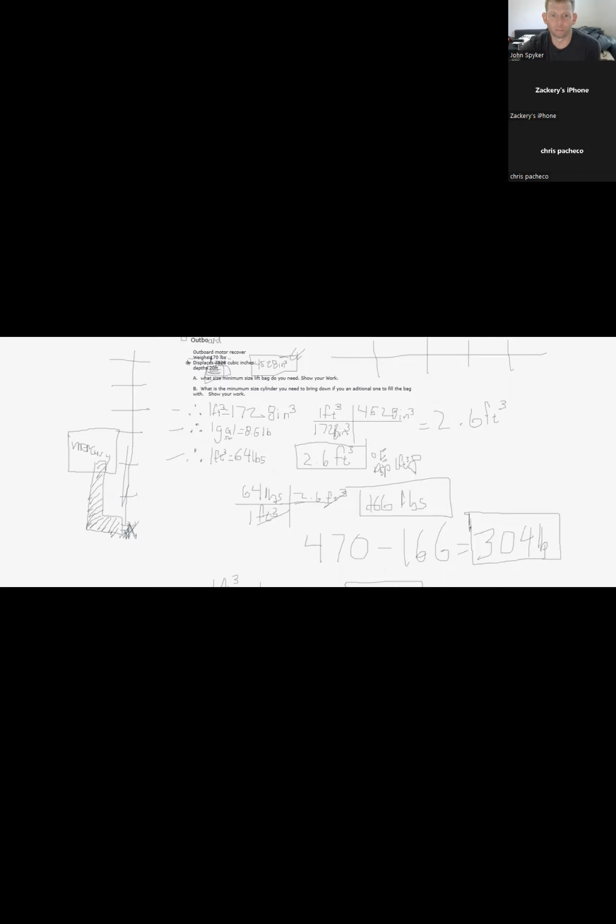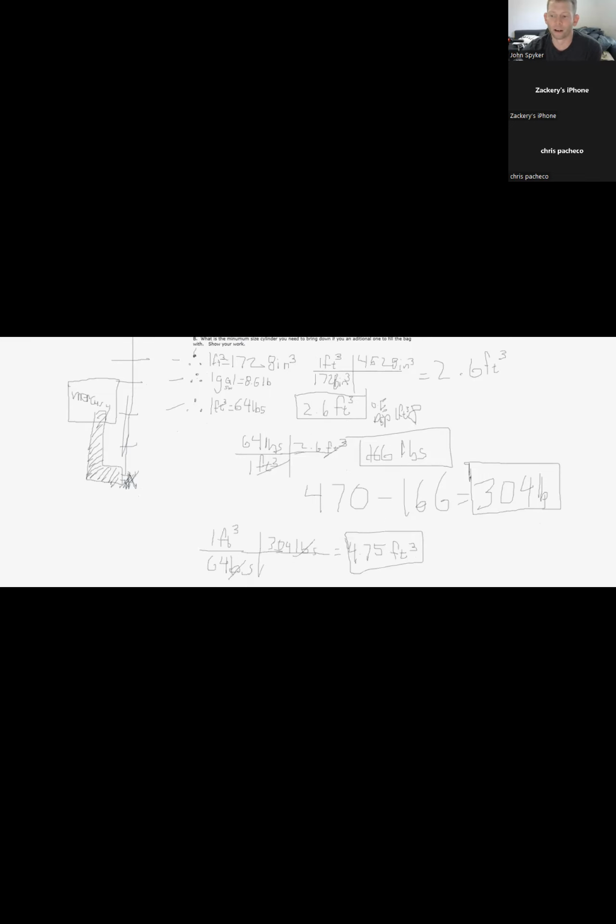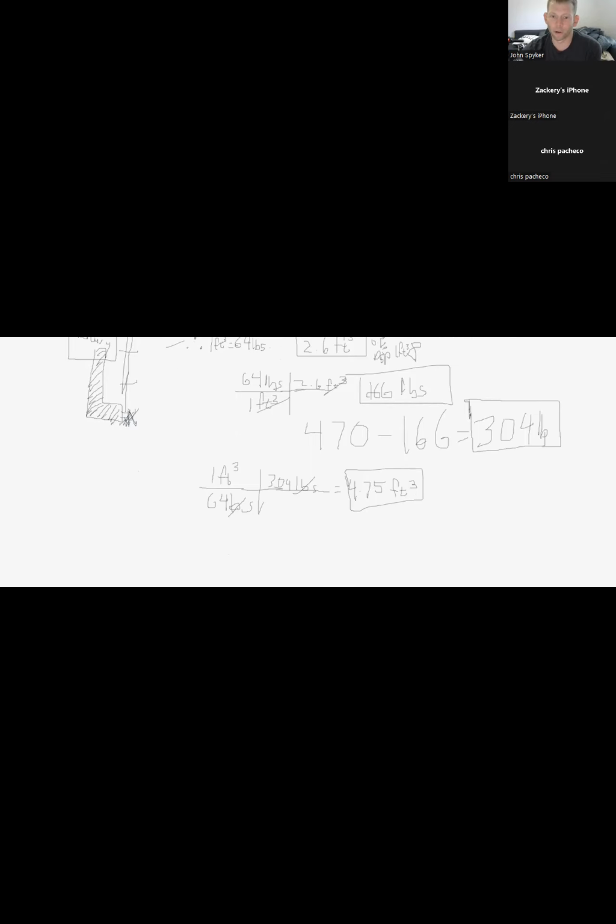Yeah, well, if you're on a boat and you're out in the middle of nowhere, it's good to have the math in your head. But if you're on a boat and you're gonna go lift something like this, you've probably already planned it ahead of time. You're not gonna be mathing this on a boat. You're already gonna know I need this size of lift bag and I'm bringing this pony bottle out with me. Okay, gotcha.